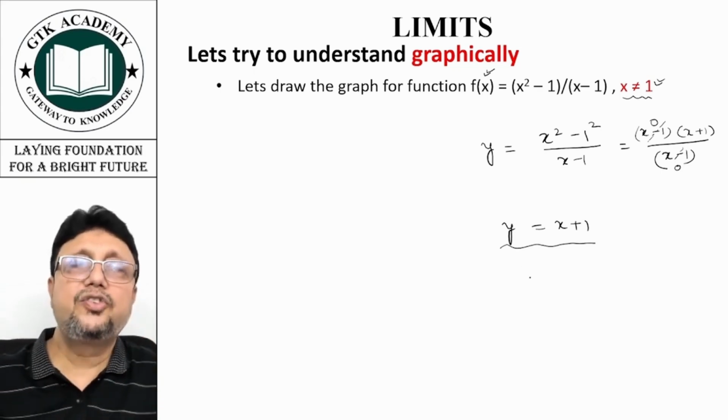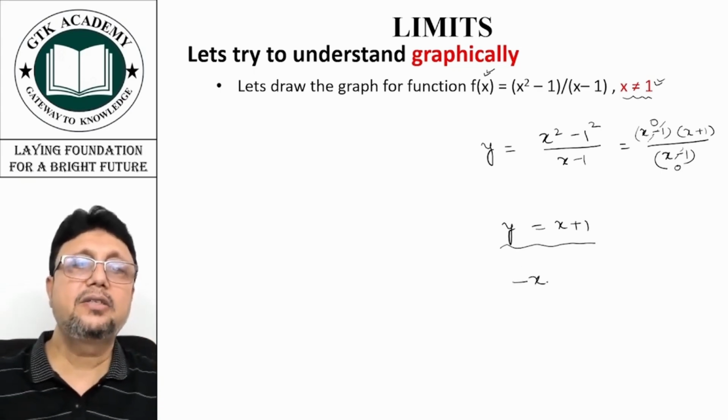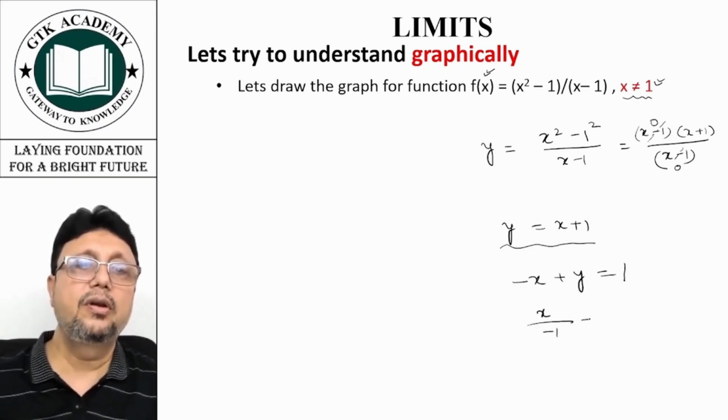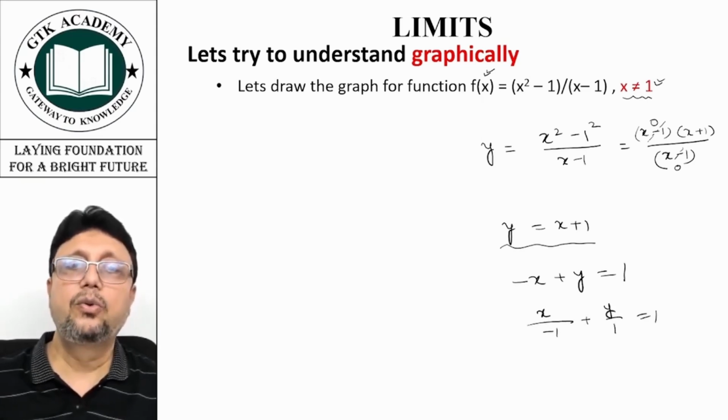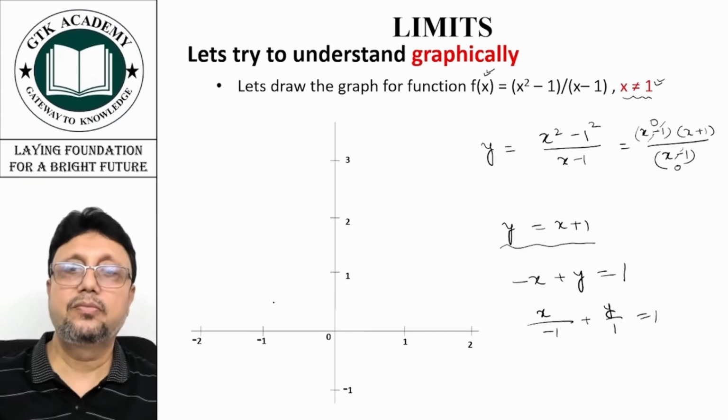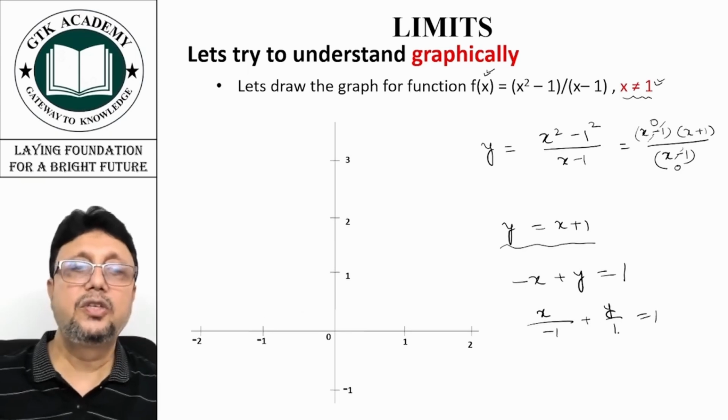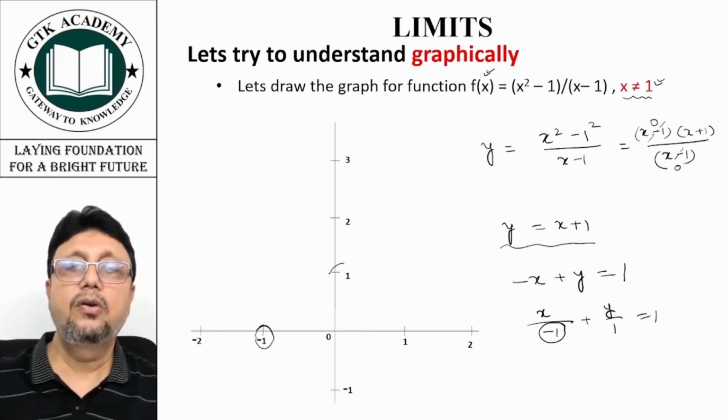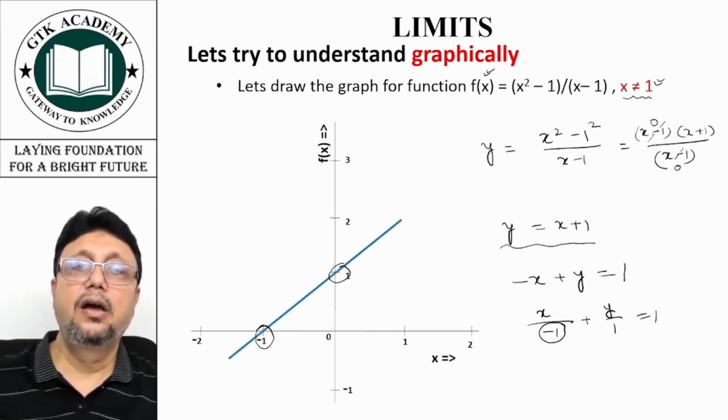Now, just trace this line. Minus x plus y is equal to 1. That means x upon minus 1 plus y upon 1 is equal to 1. Now we'll try to trace this function. So this will have an intercept of minus 1 on x-axis and 1 on y-axis. That means like this.